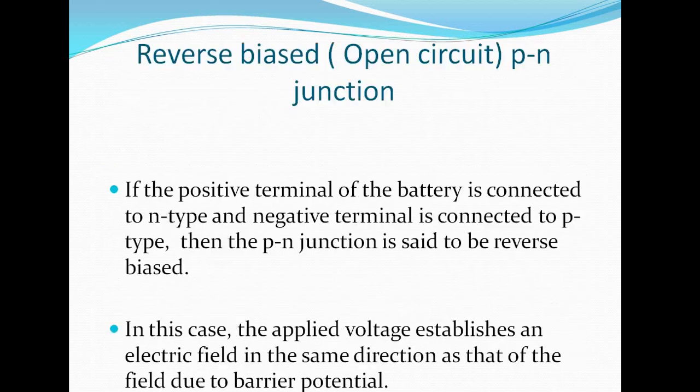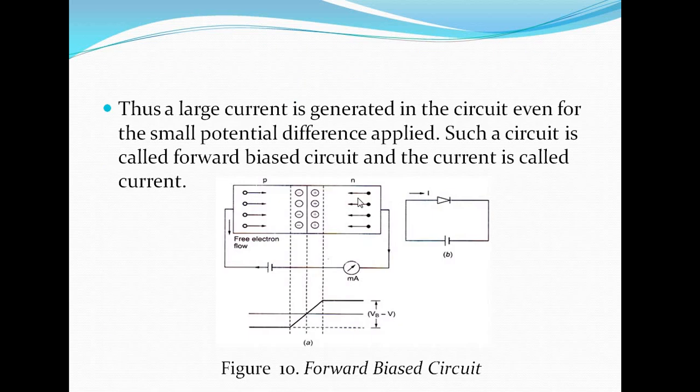So you observe the forward bias. Here the p-type is connected to the battery positive terminal, and the n-type is connected to the negative terminal. There is a repulsion between the holes (positive charges) and the battery positive terminal, and also between the electrons and the negative terminal.